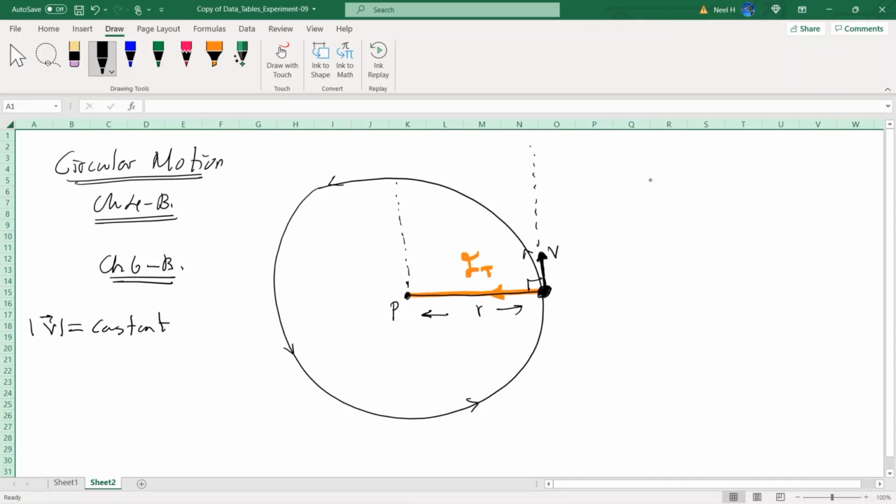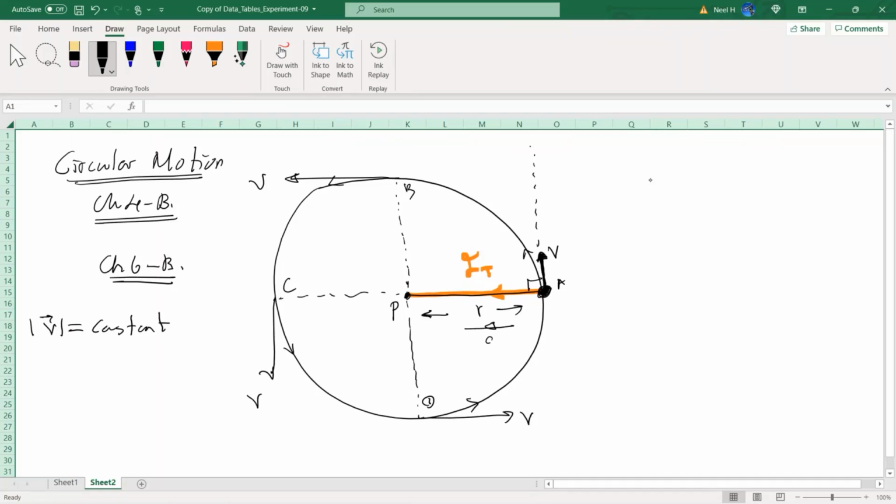But direction-wise, if we look at different places, let's consider point A, point B, and two other critical locations, point C and D, you will see that the direction of the tangent velocity always changes. The directional change will generate acceleration toward the center always.